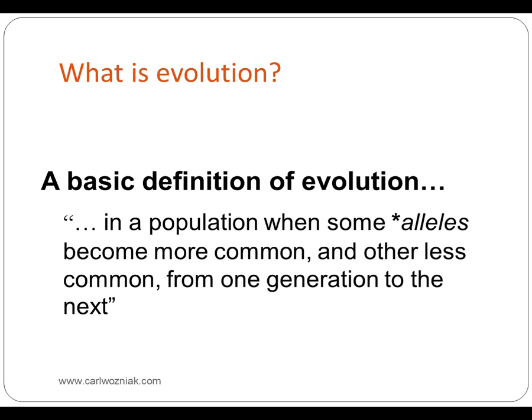A textbook definition of evolution: if you go back to the first day or two of class, we talked about the organization, the hierarchy of our biome, and we said that in a population, not in an individual, when some allele frequencies become more common and others become less common from one generation to the other.